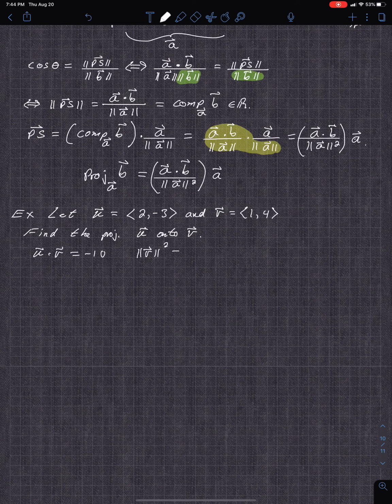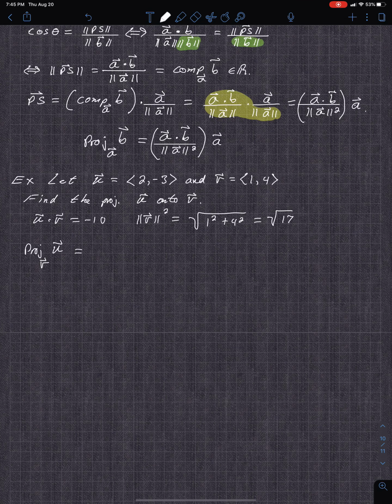It's the square root of 1 squared plus 4 squared, which is the square root of 17. And then, if we write that in that form, the projection of U onto V. You just have to picture U as your B and V as your A, and then rewrite that formula again.